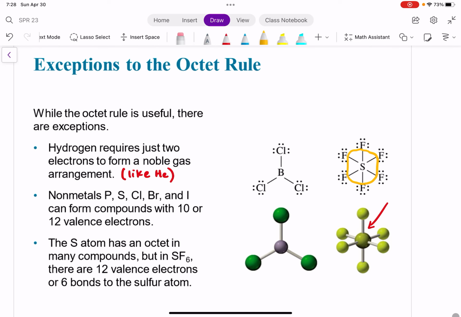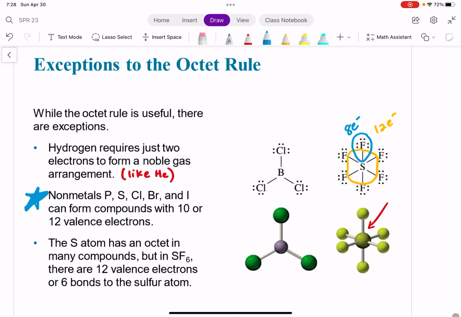So we have 2, 4, 6, 8, 10, 12 total electrons. You'll notice though that each fluorine only has 8, which is what we would expect. Our fluorines are not one of these exceptions, so we don't notice them having extra bonds. It's just that sulfur that likes to mess us up.